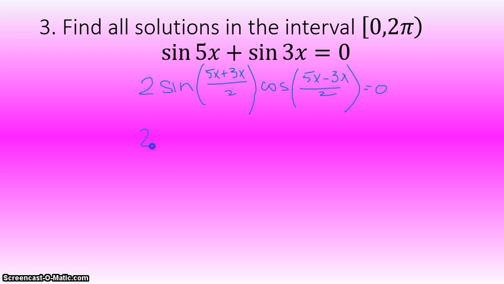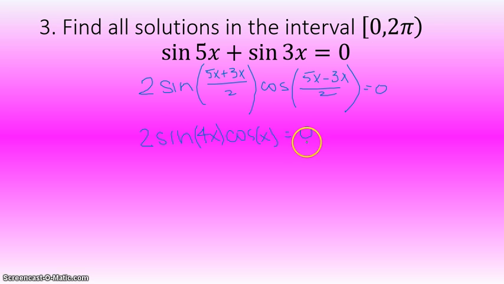So that's really 2 times sine of 8x over 2, so 4x, times cosine of 5x minus 3x is 2x divided by 2, which would be x equals 0.